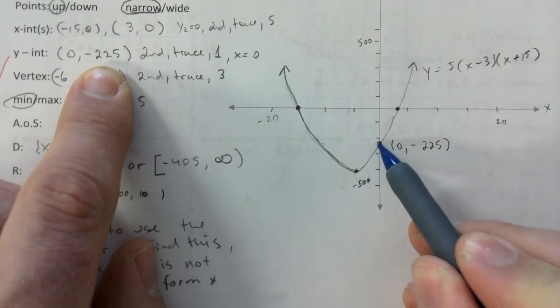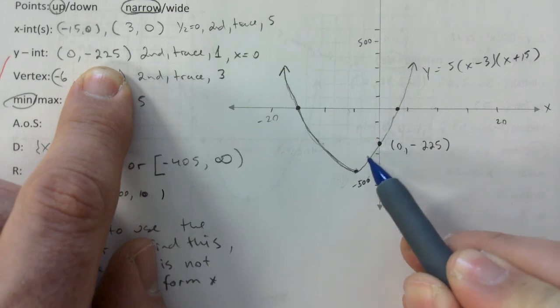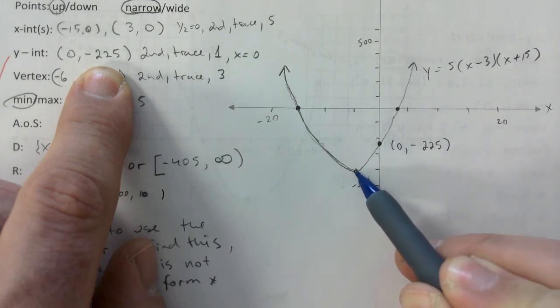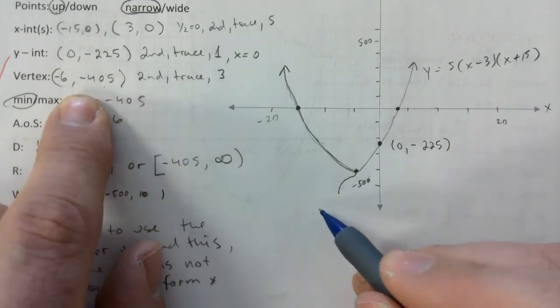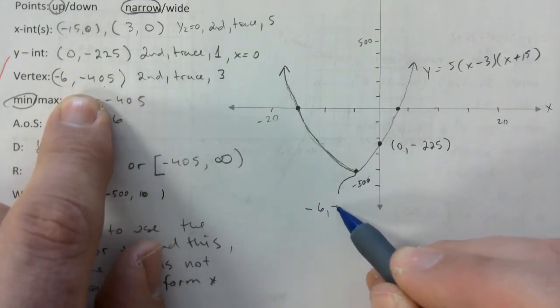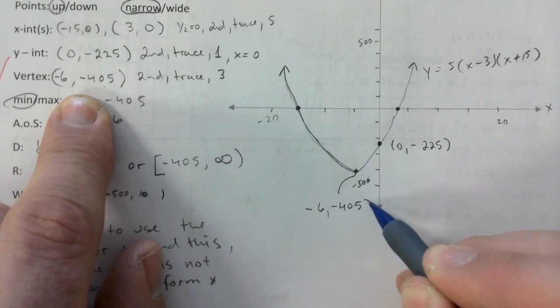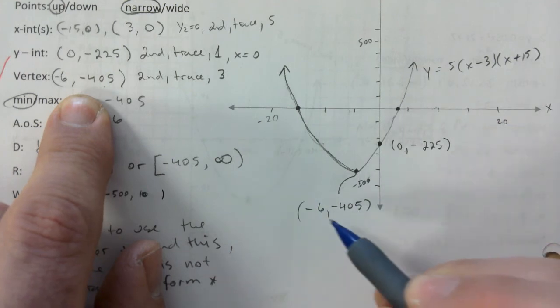We knew that point. We also knew the vertex, right? The vertex, I'm just going to tell you what it is. It's negative 6, negative 405. Don't worry about the y value, right? You're looking at 6, right?